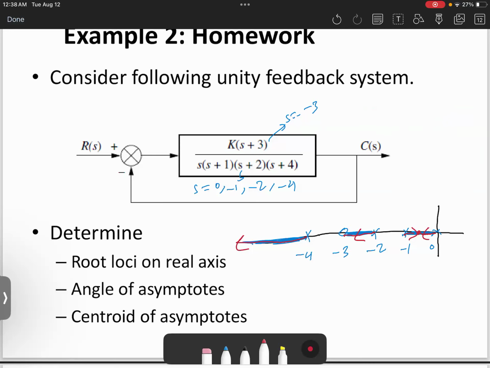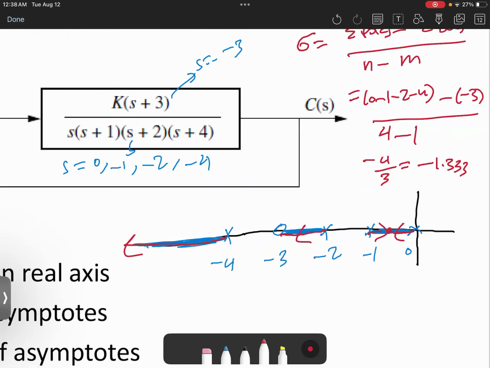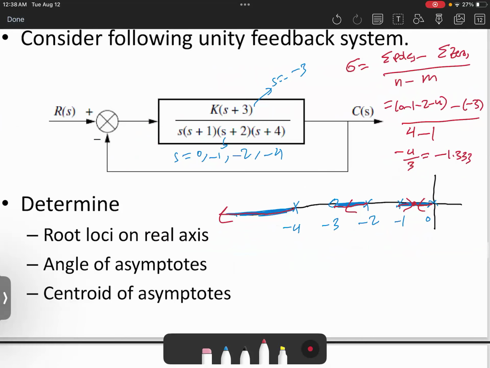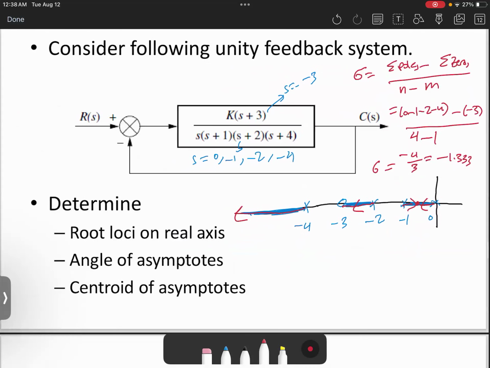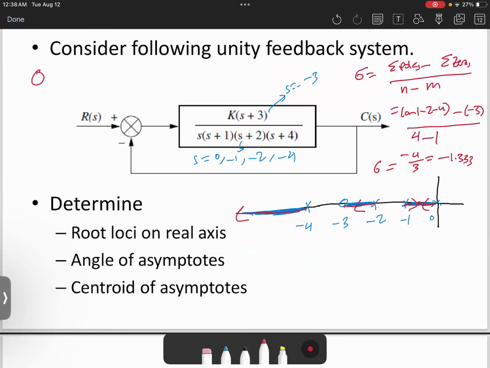As a result, the centroid, sigma, will be at -1.333. Let's calculate the angles now. To calculate the asymptote angles, we use phi a equals (2q plus 1) divided by (n minus m), which is 4 minus 1, which is 3, times 180 degrees.